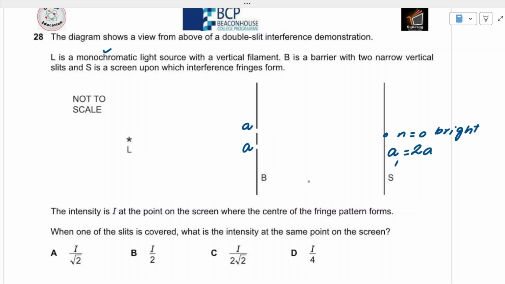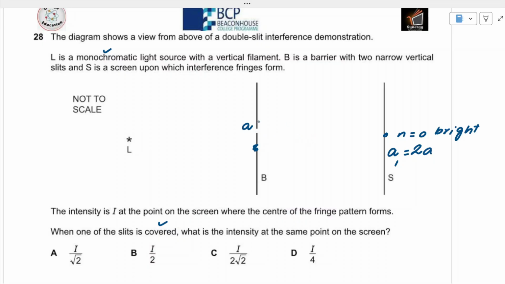Why 2A? Because at the center we'll have the bright fringe, and because we have monochromatic light, the light from the two sources would be in phase. Now the situation is when one of the slits is covered, what is the intensity at the same point? If I cover one of the slits, we don't even have that slit.